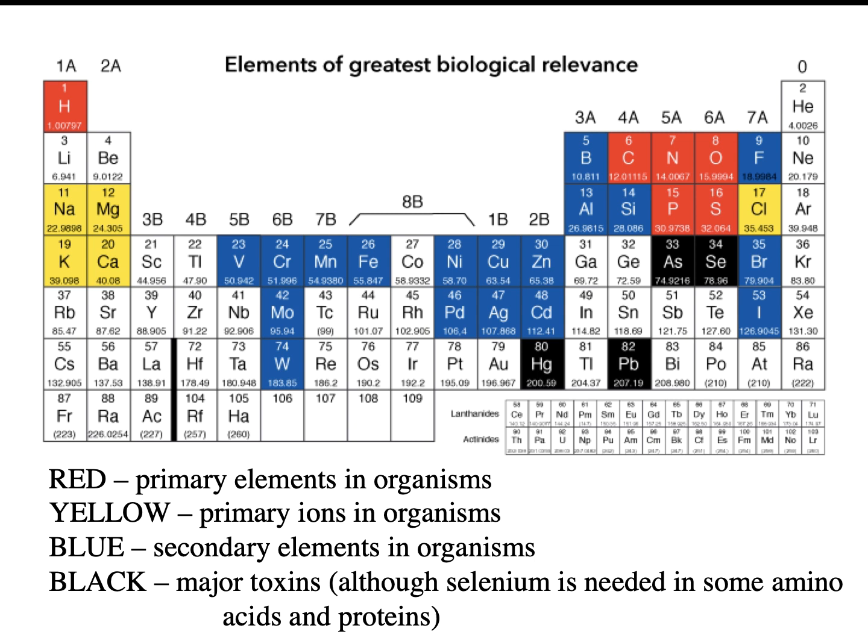And black are the major toxins: arsenic, selenium, mercury, and lead. Although selenium is actually used in a few proteins as a substitute for sulfur, which is right above there. And so it's not always a toxin. In small amounts, it's absolutely necessary. In large amounts, yes, it's toxic.